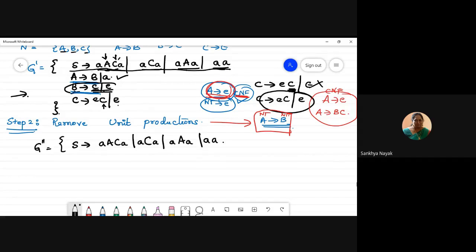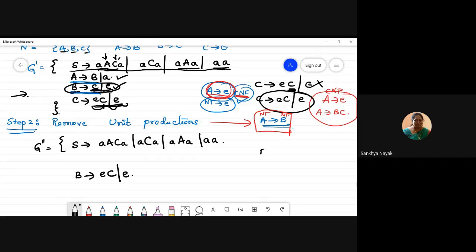So what I'll do is I'll first solve this. B derives C or small e. So B derives small e is no problem. It's a terminal. Now this C is a unit production. So I have to replace this with its right hand side. So B derives EC or E. Why?